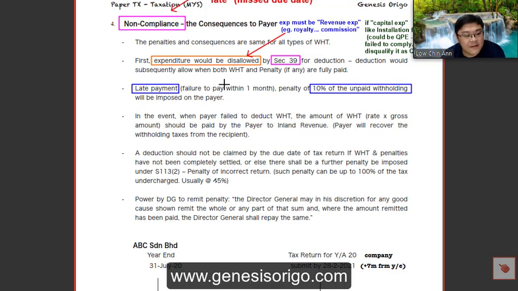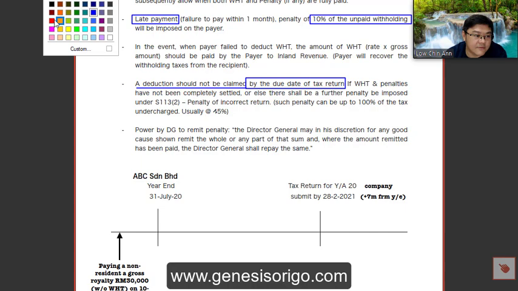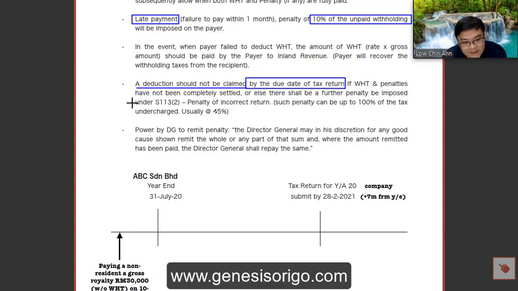All right. Now, the one that will actually be a bit complicated is this. The deduction that you should not have claimed by the due date of your tax return because you have not settled your withholding taxes and the penalty.